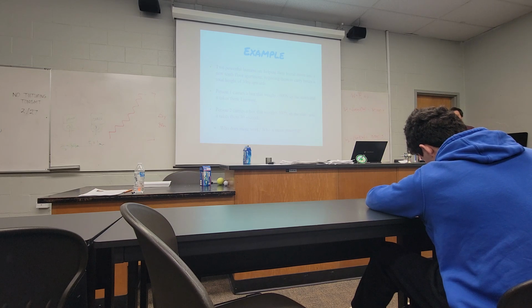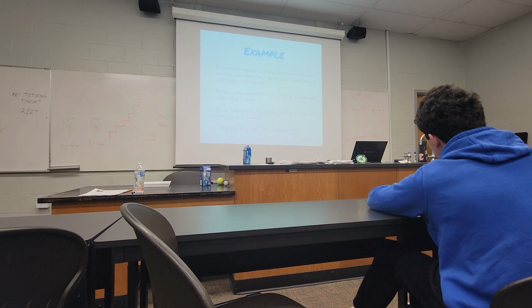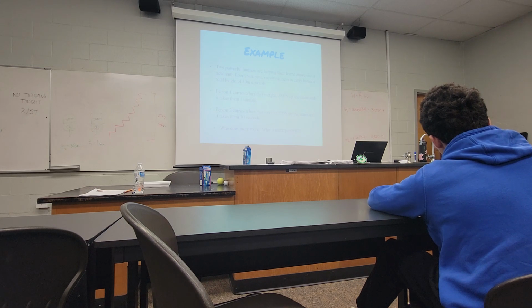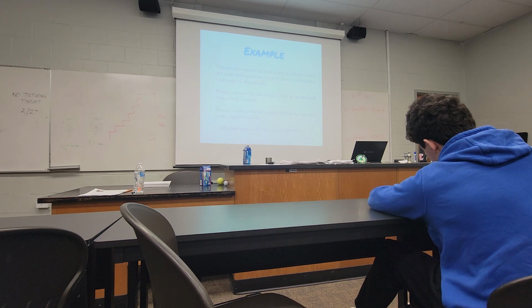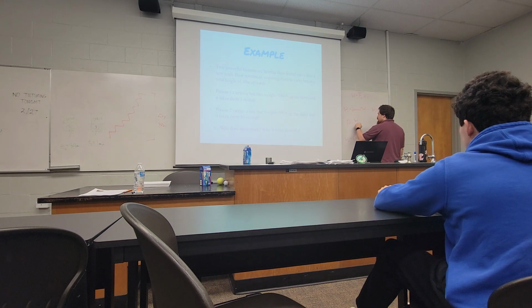So, second question, which of these two is more powerful? They're the same. Does everyone agree? All right. To demonstrate how they are the same, power formula is again work over time.